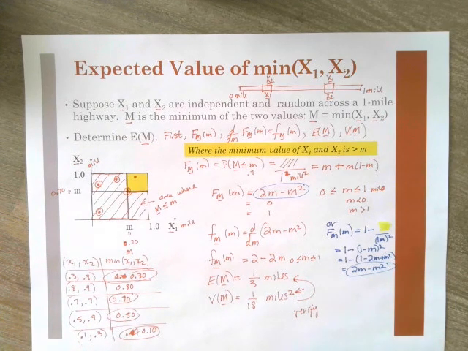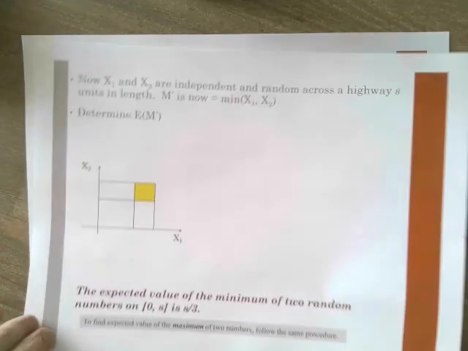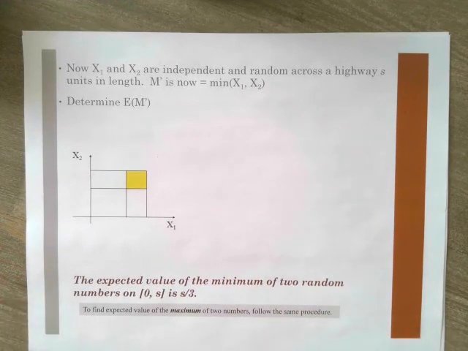So now what do we do? Again, now we have a highway that is a certain length. I used A last time, I'm going to use S this time just to mix it up a little bit. So now I'm going to have a highway. I've run out of cool colors here. Let's do brown just for something different.